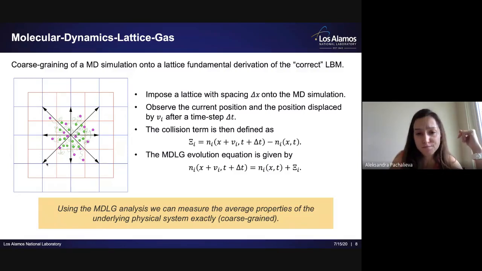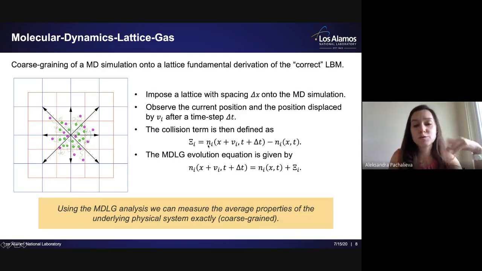And doing this, that looks very similar to the lattice gases. We can define our occupation number, where Ni(x, t) is the current position, and x plus vi delta t, t plus delta t is the next position of our particle.